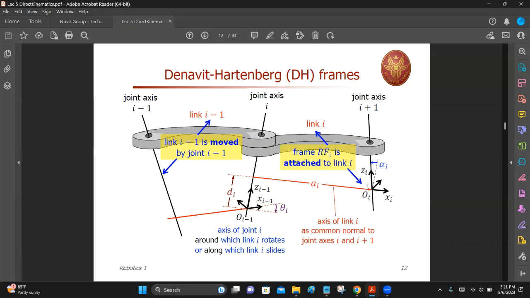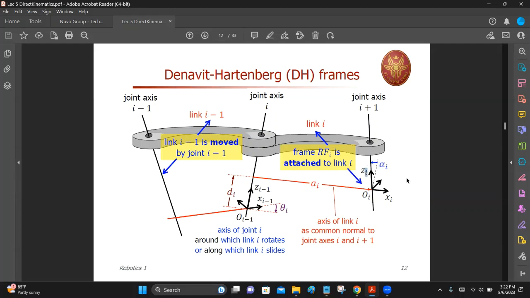So it is also a screw operation. These two screw operations bring this coordinate frame over here, coordinate frame i minus 1 to coordinate frame i.